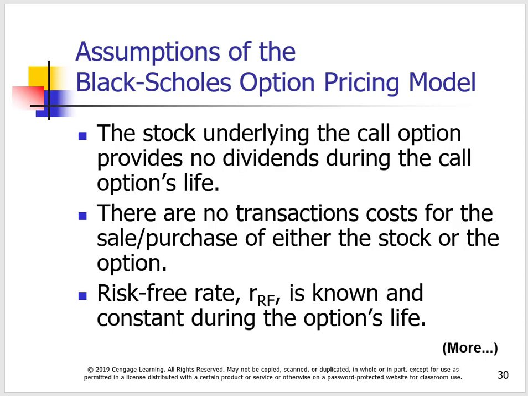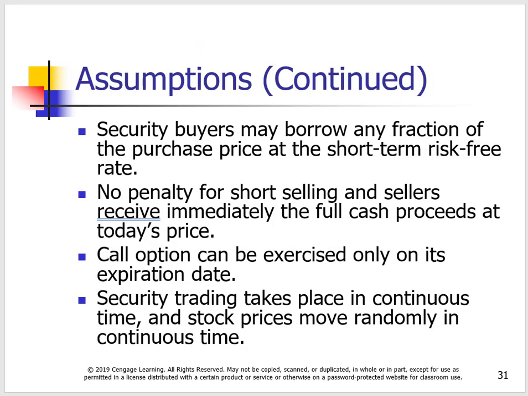We're going to assume there are no transaction costs. The risk-free rate of return is known and is constant. It's not going to change. Security buyers can buy fractions of securities, so you can buy a part of a stock. You can also buy part of a risk-free asset, if you will.